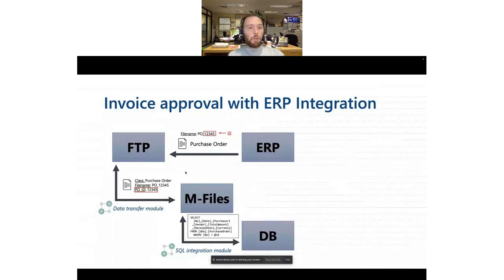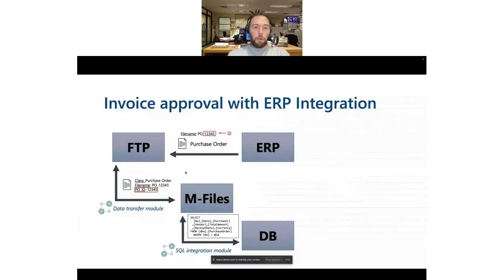We will use that ID to connect to the database, that is the ERP database, and using the SQL integration module, we will gather all the properties for that purchase order, where the number is the ID.